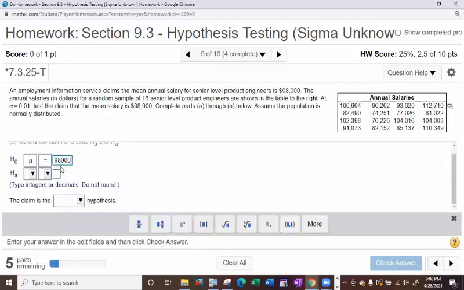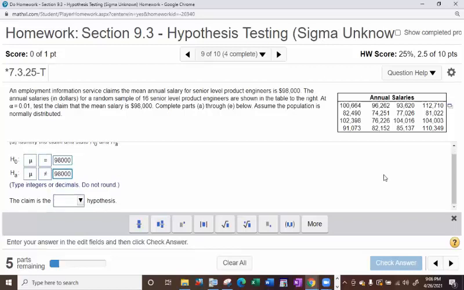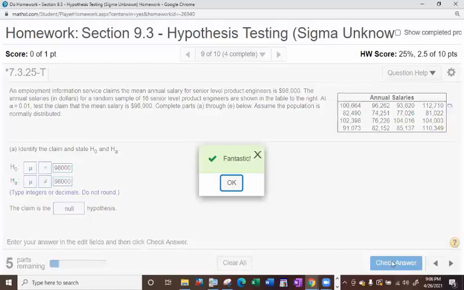Of course, that then would pair up with the alternative, mu not equal. All right, I like it. And then the claim is the null. So, fantastic.